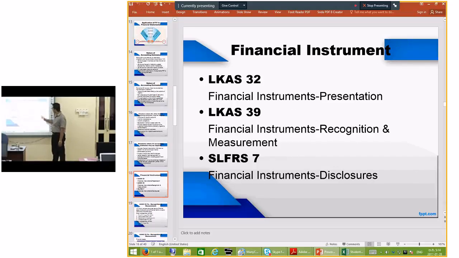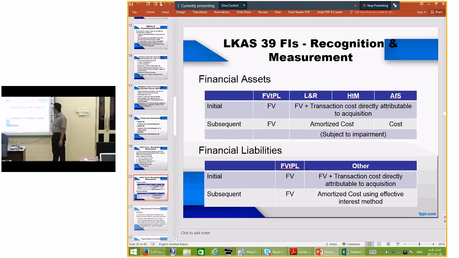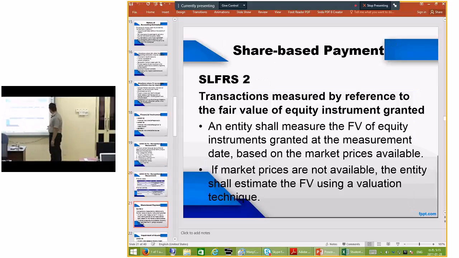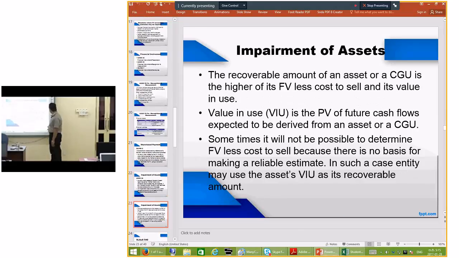So as we discuss, this is a part of financial reporting. I think you have discussed these things in your financial instruments, right? I am not going to discuss those aspects, just putting them into the PowerPoint to recall, right? So this is about share-based payment, impairment.